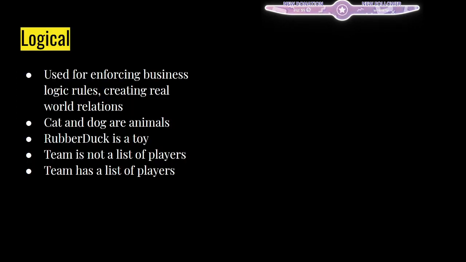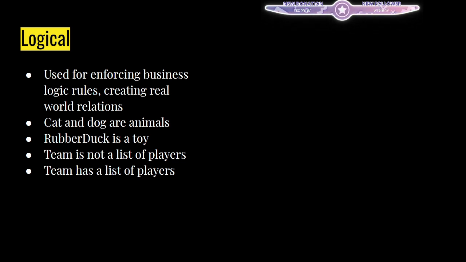Now let's talk about how you should create subtypes in a good way. Good subtypes are logical. So you should enforce business rules through logical relations between classes and interfaces and nothing else.